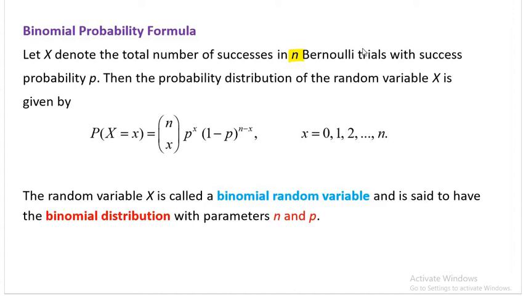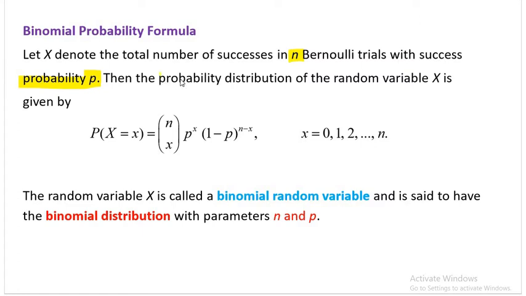And the probability of head is 1 by 2, so that p will be 1 by 2. So I'm interested in two things: how many trials you are doing, and in one trial what the probability of success is. So n and p will be given to you in a binomial distribution.